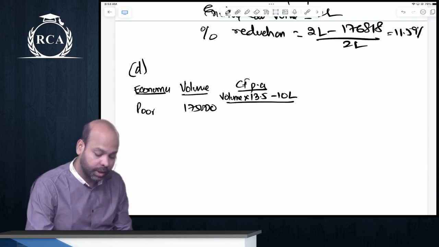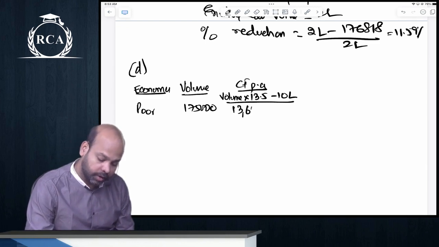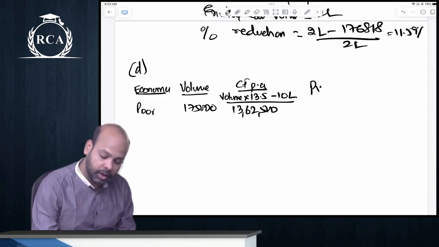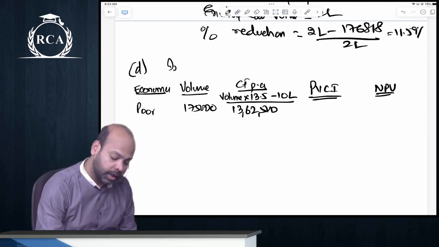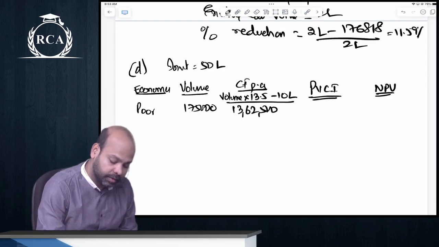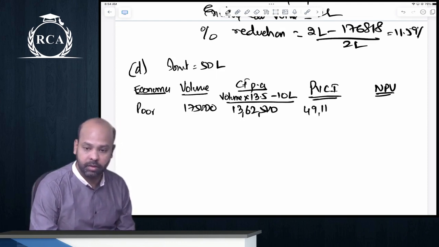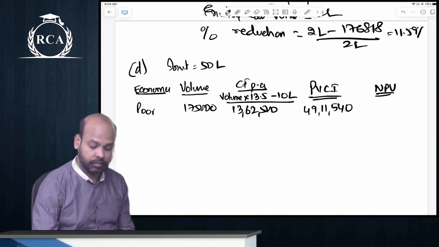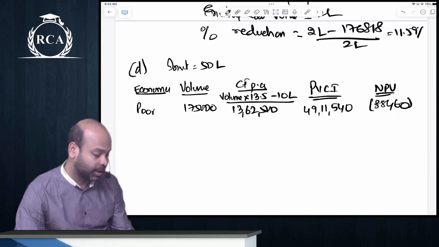What is your cash flow per annum? 13,62,500. अब इसका present value of cash inflow करो बेटा, and then tell me the NPV. Let us not forget that your initial investment is 50 lakhs. 49 lakhs 11,540. NPV is negative 88,460. Like this, you will have to do two more calculations, guys.